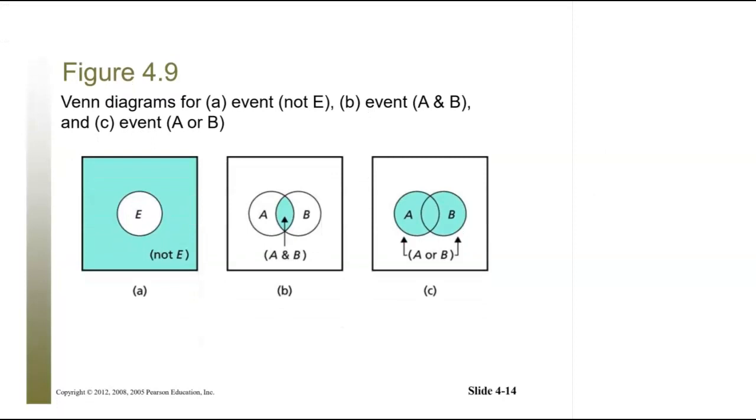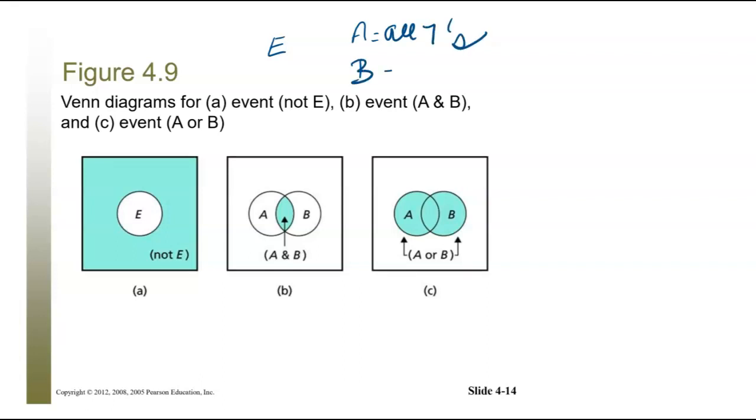So here's a little Venn diagram showing you what can happen with an event. You have event E. This is everything that's in event E. So, for example, your event can be your entire deck of cards. So you either have your entire deck of cards or it's not something in your deck of cards. But event A can be, I don't know, all 7s.